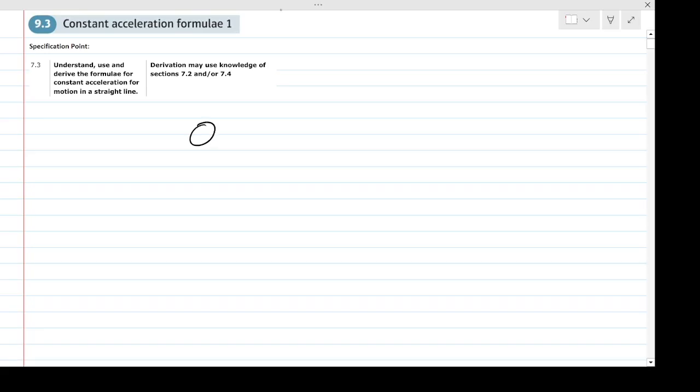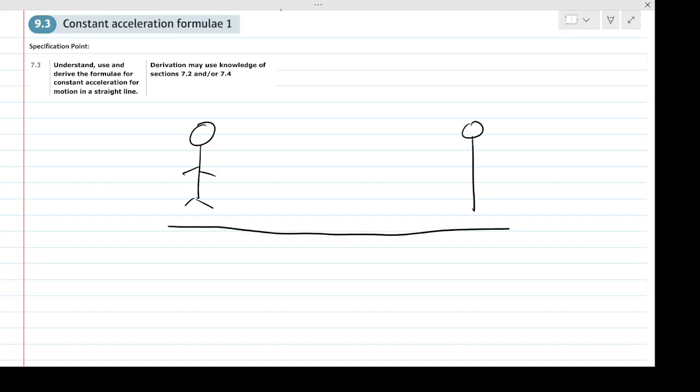So what we're going to be looking at throughout the remainder of this chapter is, say, someone is at one point A, and then they are at the point B, right? Some time between A and B. So they travelled some distance, X meters.